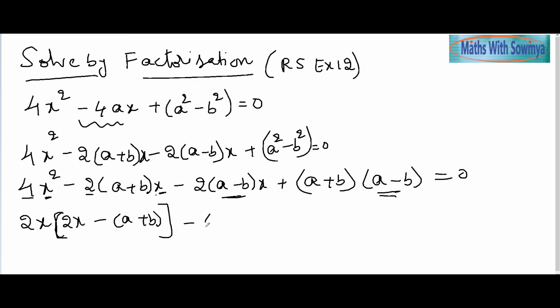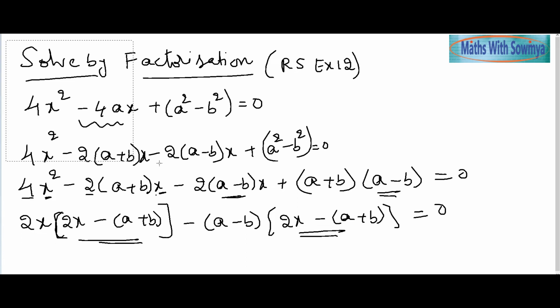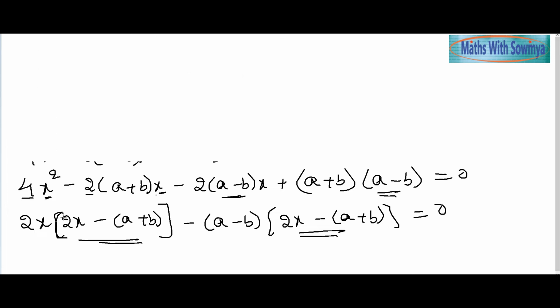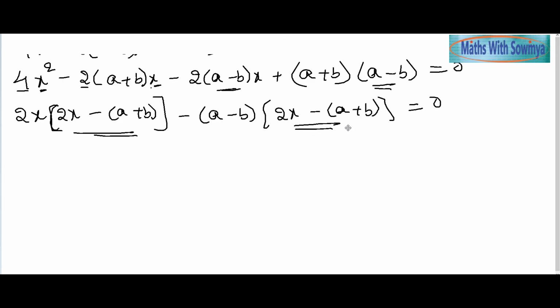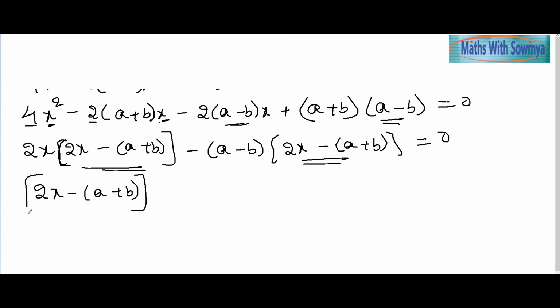So, negative (a minus b). Here I will get 2x minus (a plus b). This is equal to 0. So, these two are the common factors here, so we can take 2x minus (a plus b). This is my one term and 2x minus (a minus b) is the other one.